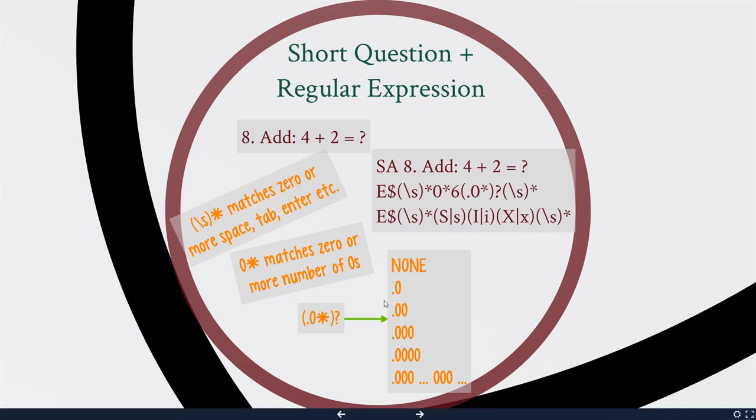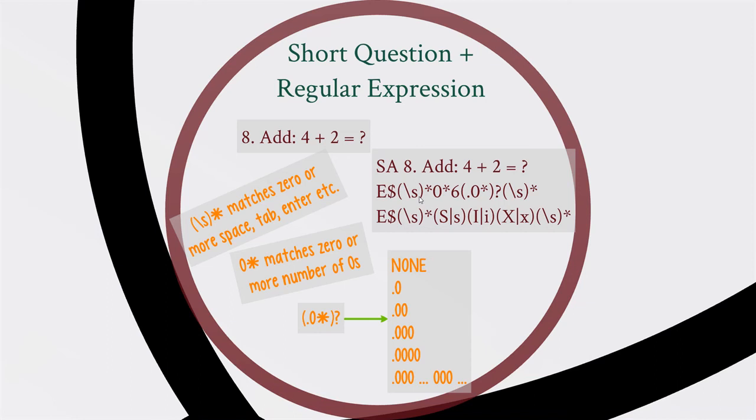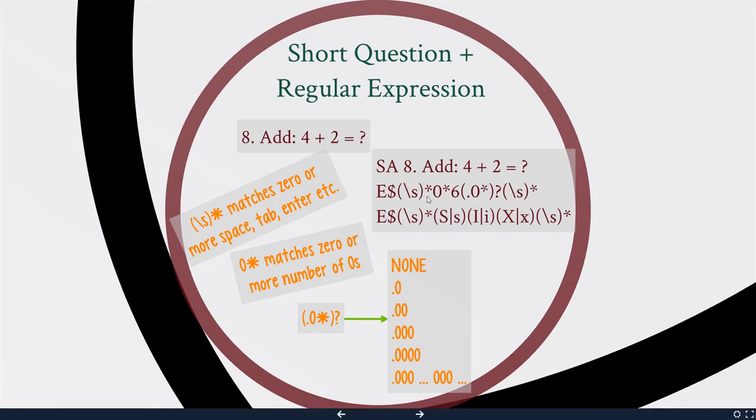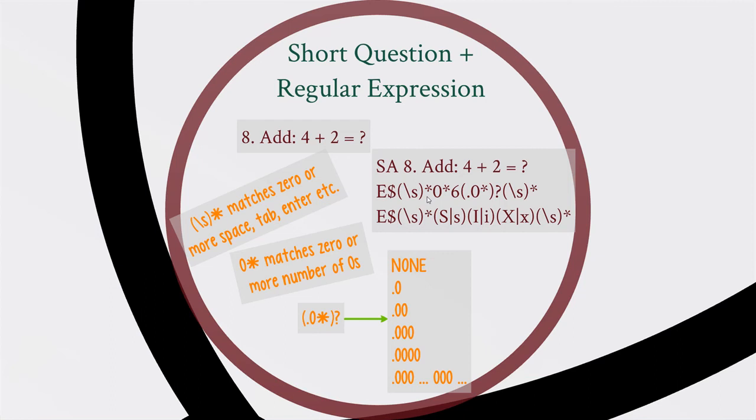So I tried to make it a little bit simple here. So look at what we did. Again, E $ stands for regular expression. So it will always be there if you're writing a regular expression in the question importer tool. This \s stands for space, enter, and tab. That means they can have any number of space, tab, or enter at the beginning.